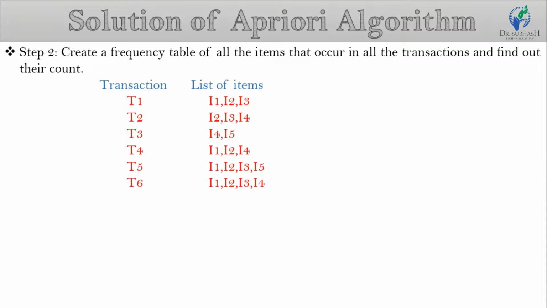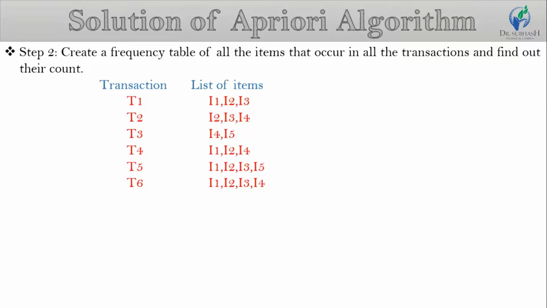In T3, we have I4, I5. In T4, we have I1, I2, I4. In T5, we have I1, I2, I3, I5. In T6, we have I1, I2, I3, I4. Note that we can only list a unique item for the transaction table.